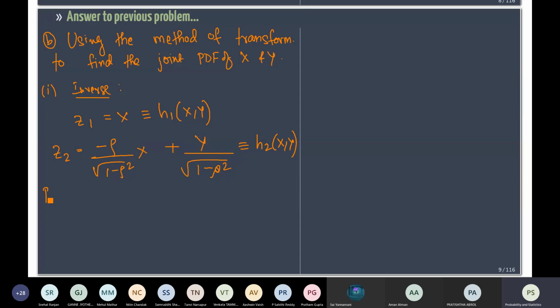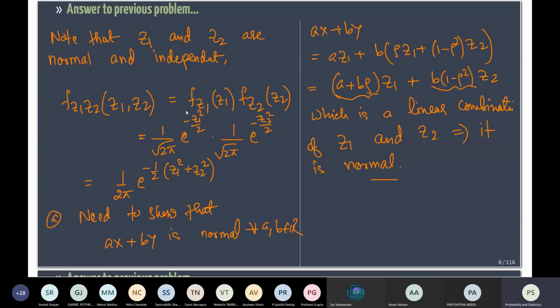Now recall the method of transformation formula. f_XY(x,y) is f_Z1Z2(h1(x,y), h2(x,y)) times the Jacobian. The joint PDF f_Z1Z2 we have computed before, so we know it: 1 by 2 pi e to the minus.